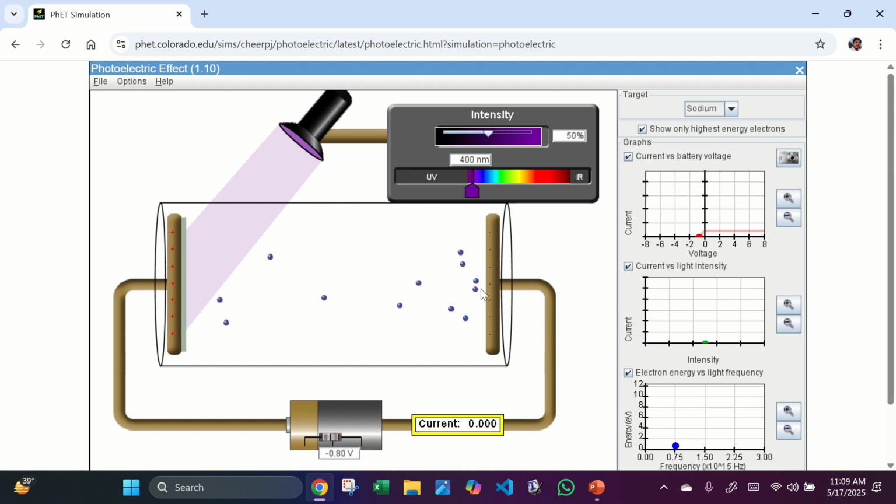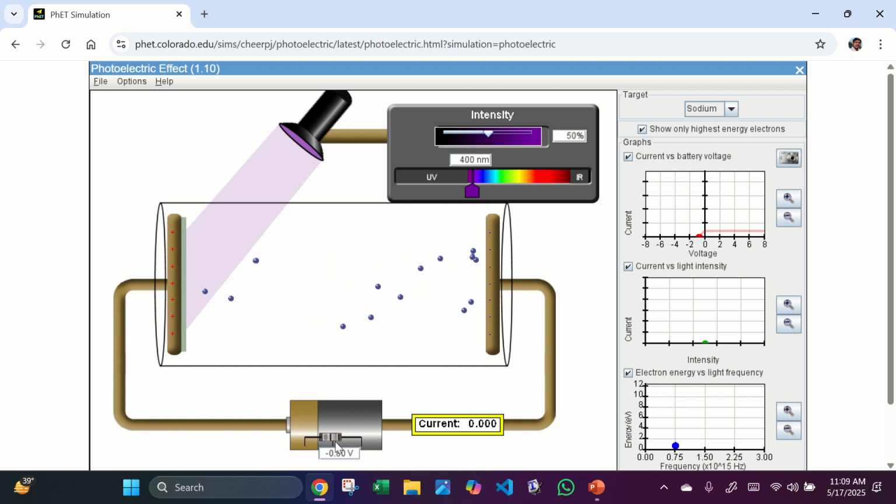The repulsion is going on, so the photo current is 0. The minimum potential at which the photo current is 0 is called the stopping potential. So in this case, for these conditions, the stopping potential is 0.8 volt. Okay, so let's increase the intensity.